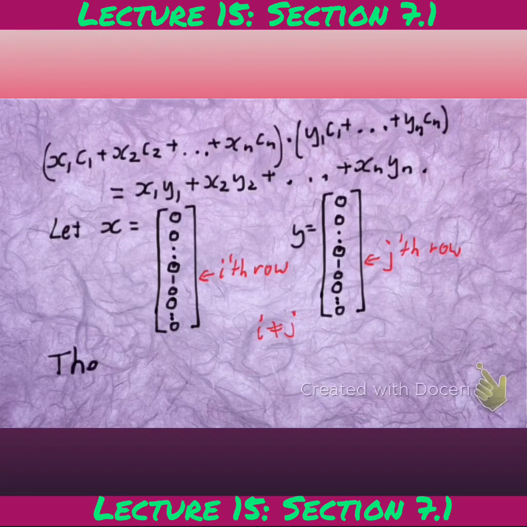So what we have is that the ith column vector dotted with the jth column vector is 0, and this happens because we can do this for all i and j with i not equal to j.